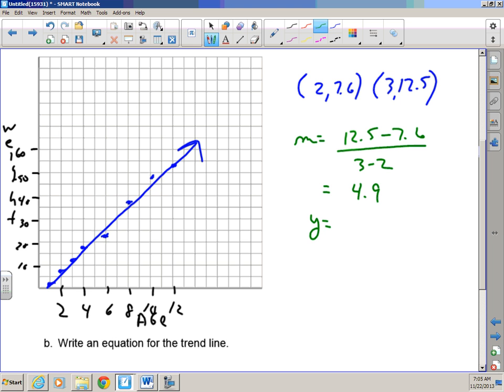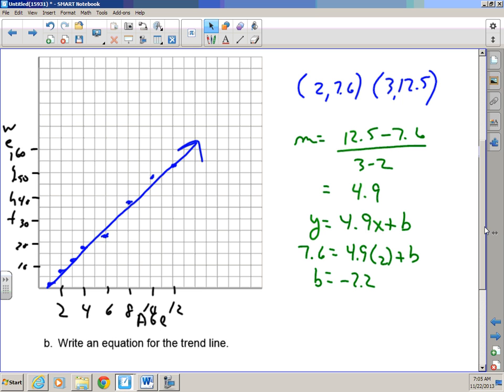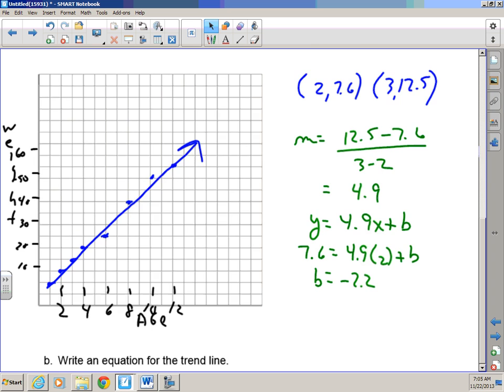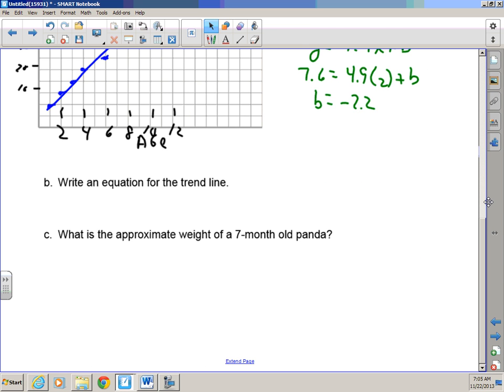Now, as we've done before, once I have my slope, I could find my y-intercept by plugging in one of these 2 points. Doesn't matter which one. So my equation for what's called the line of best fit is y equals 4.9x minus 2.2. Right?